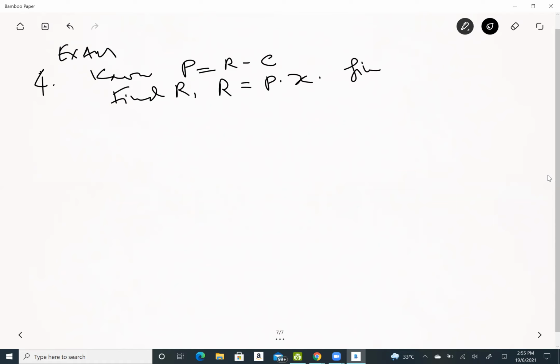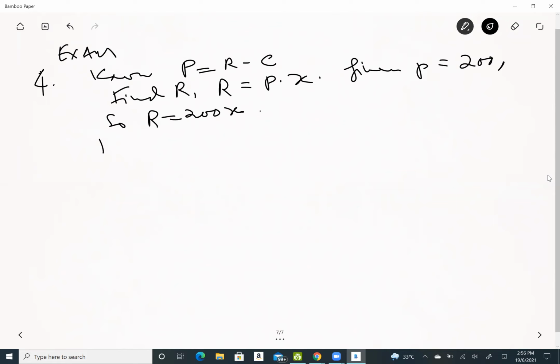And given the price is equal to 200, so our revenue will be equal to 200X. Now there are many people who just give me 200X without showing the revenue is equal to PX. All right, so that is not fully right.